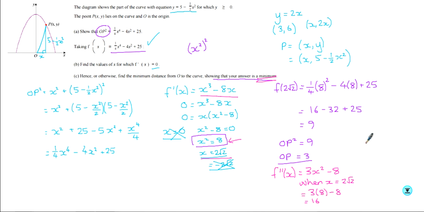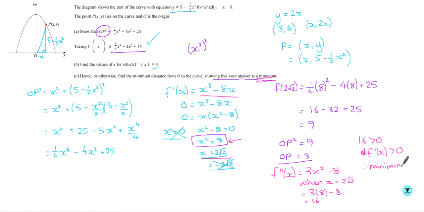And I'm just going to squeeze it in this space here. Well, 16 is more than 0. So, oh, it's not D, is it? So f dash dash x is greater than 0, and therefore it is a minimum.